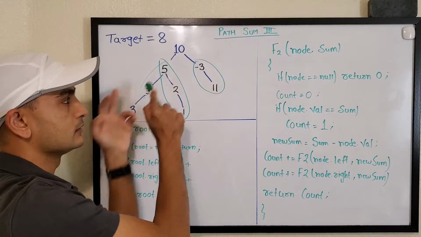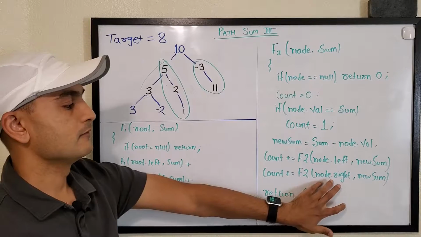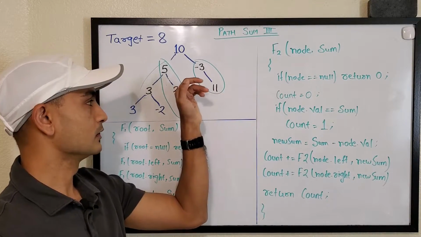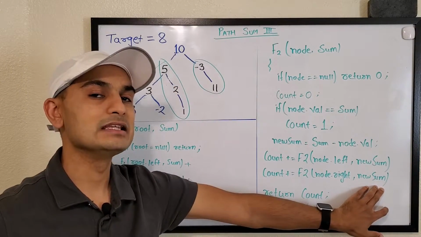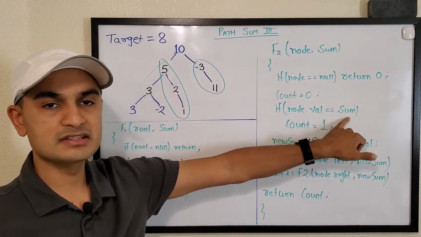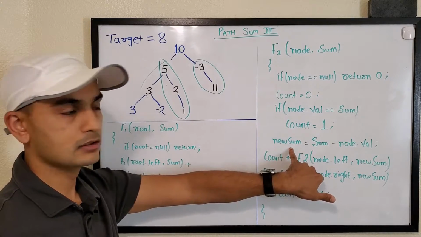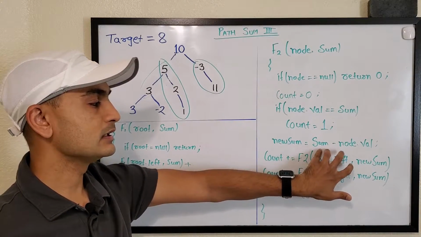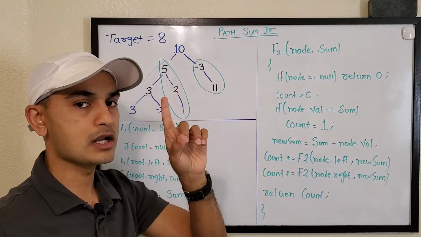Once this is done, we'll say, okay, find node.right, which is here, with the new sum 3. Now this will go here, node value is 2, sum is 3, doesn't match, so it comes here. Now the new sum would be 3 minus 2, which is 1.